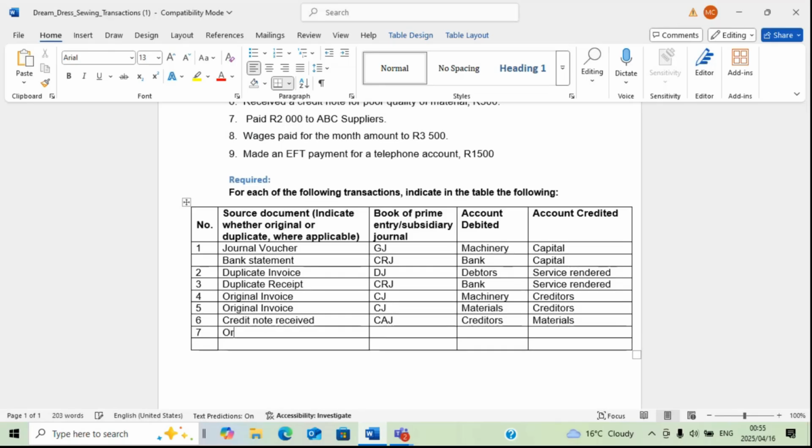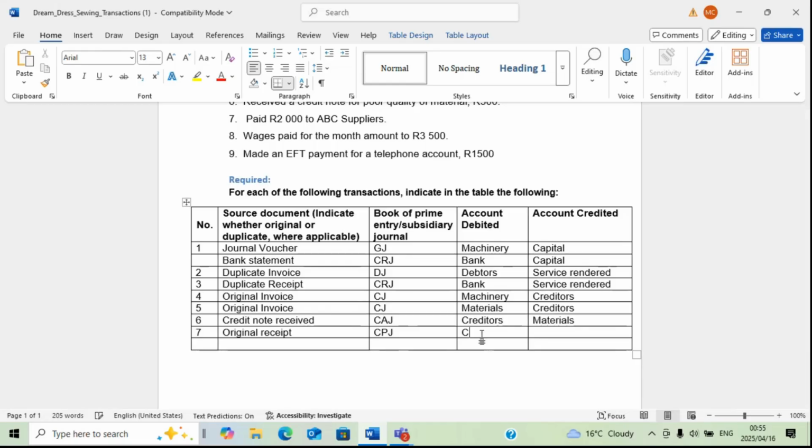You're going to get a source document called original receipt. And because you are making a payment, you're going to record that in the book of prime entry called cash payment journal, CPJ.